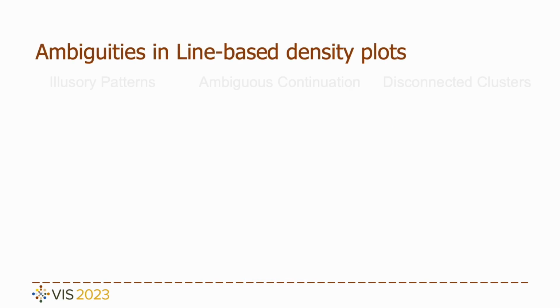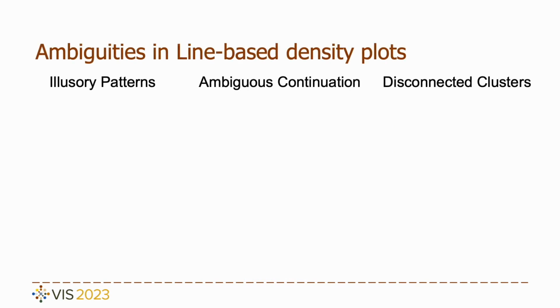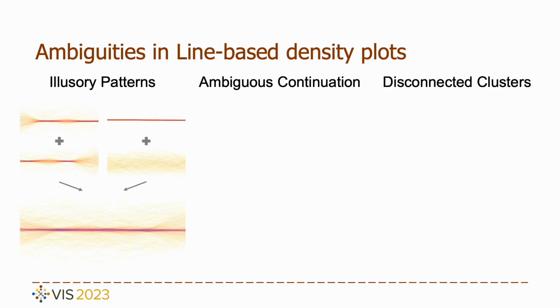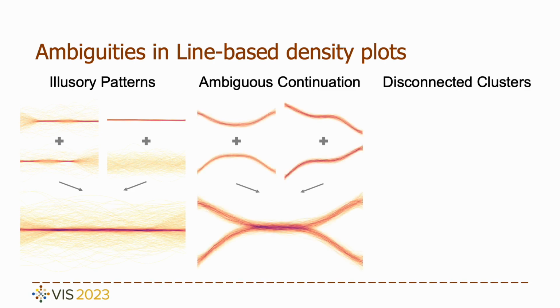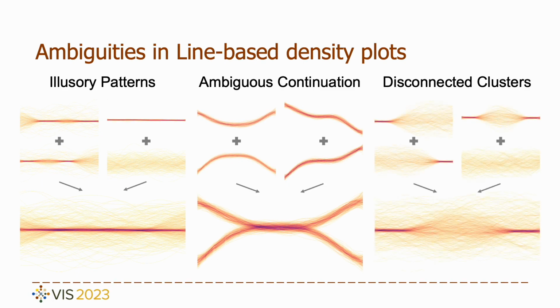When investigating line-based density plots of real-world datasets, several patterns with ambiguities are found. We grouped them into three basic types. Illusory patterns on the left, where a trend seems to be continuous but is created from diverging data. Ambiguous continuation, where it is uncertain how a trend continues. And finally, disconnected clusters, where it's unclear if and how clusters are connected.